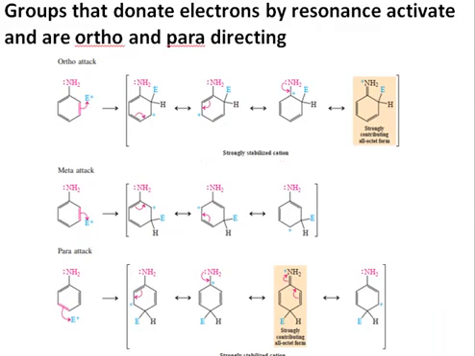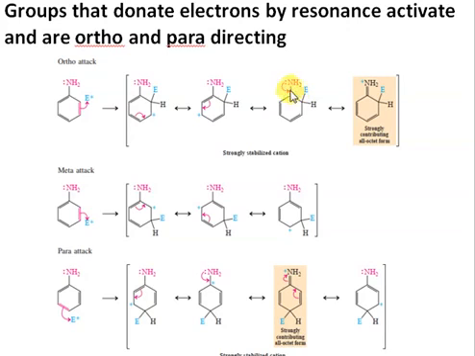So we can see the relative stability of the carbocation in this reaction as well. You can see that in case of the ortho attack, we have a carbocation here, with a positive charge. Although this positive charge is next to an electronegative atom, which is nitrogen, nitrogen is capable of electron donation.